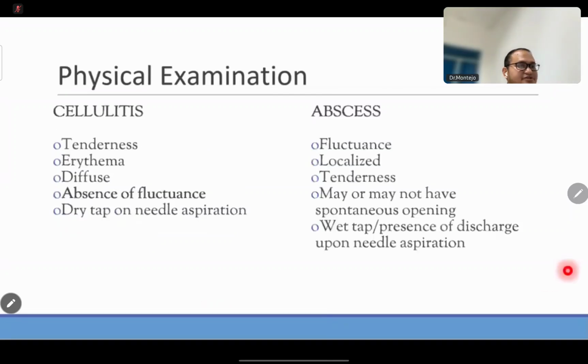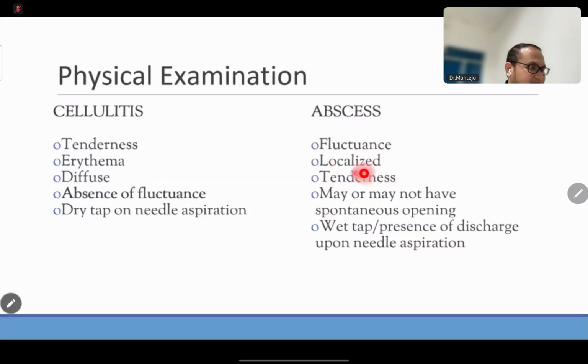So for physical examination, learn to distinguish cellulitis from abscess. Okay? So for your cellulitis, there is tenderness. Actually, in abscess, there's also tenderness. But the difference is the area it affects. Usually cellulitis is still diffuse, with no localization, compared to your abscess wherein it's localized.